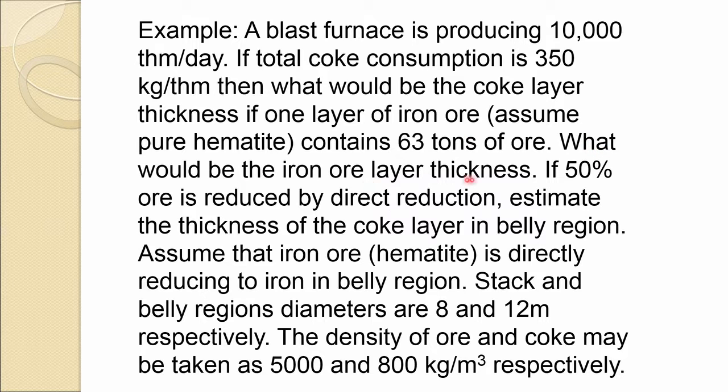What would be the iron ore layer thickness? If 50% of the ore is reduced by direct reduction, estimate the thickness of the coke layer in the valley region. So, assuming 50% is reduced by direct reduction, what would be the thickness in the valley region? Assume that iron ore hematite is directly reducing to iron in the valley region.